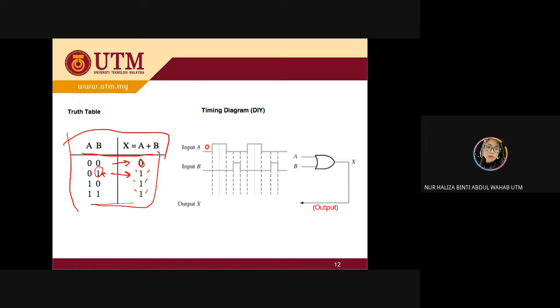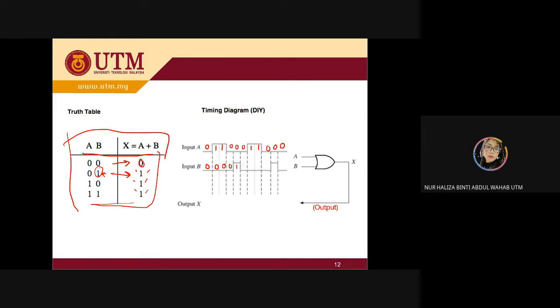We have 0, 0, 1, 0, 1, 0, 0, 0, 0, 1, 1, 0, 0, 0. Okay, I name it first in my input.